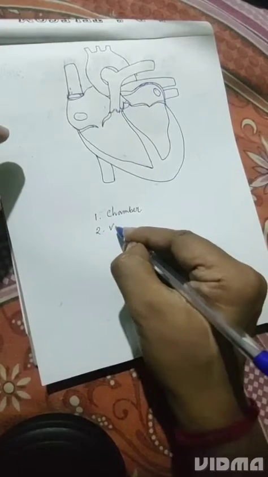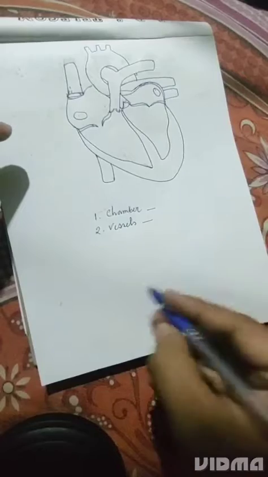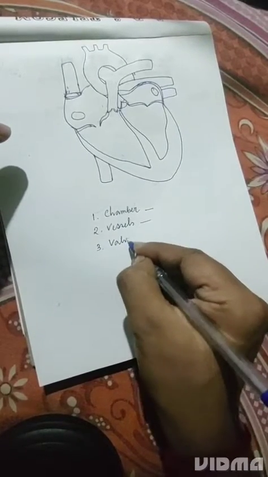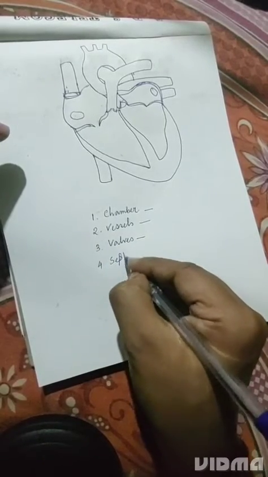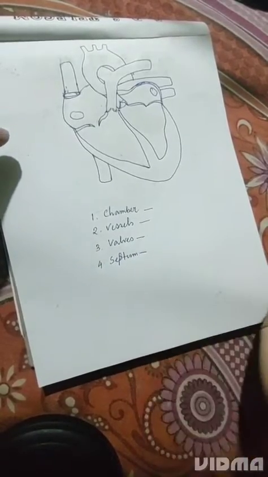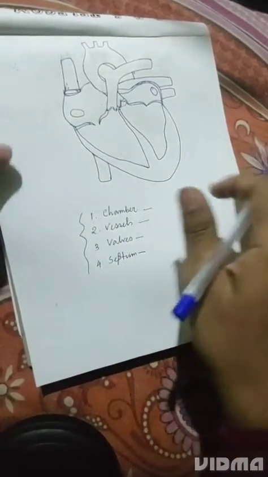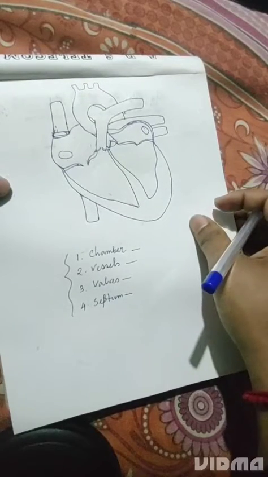Number two, the blood vessels attached to it. Number three, the valves in it, and number four, the types of septum it has. We will discuss them one by one, what they are and their functionalities.